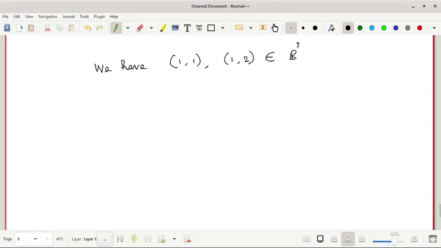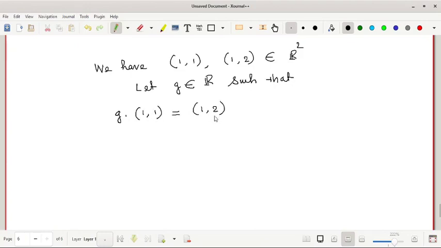R2 is my X. Let g belong to R such that g dot (1, 1) is equal to (1, 2). This implies (1 + g, 1) is equal to (1, 2). This is not possible. This is a contradiction straight away.